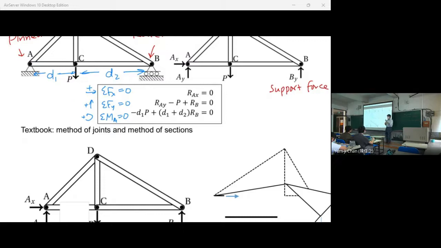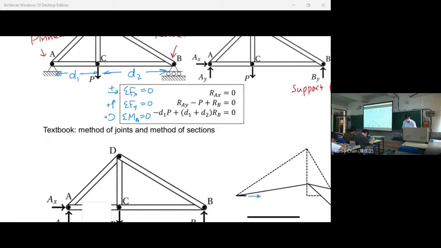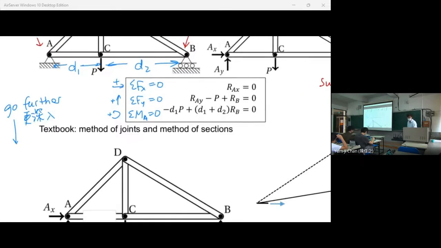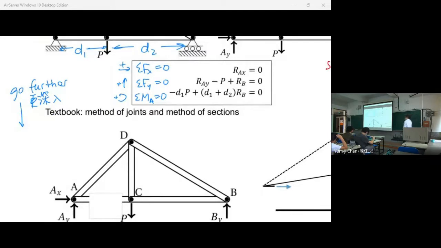Now in chapter 6, we want to go further in our problem. In the textbook we have two methods. One of them is called method of joints, and the second is called method of sections.